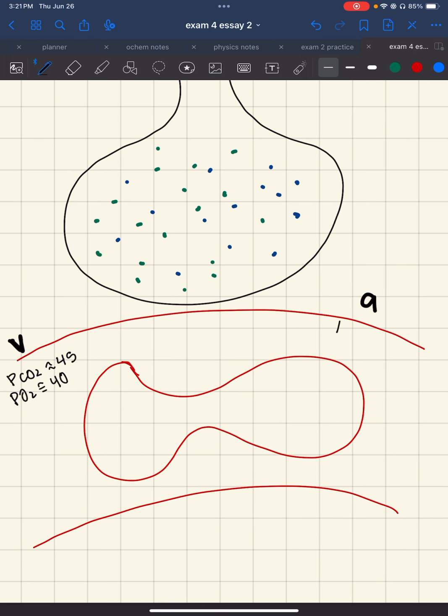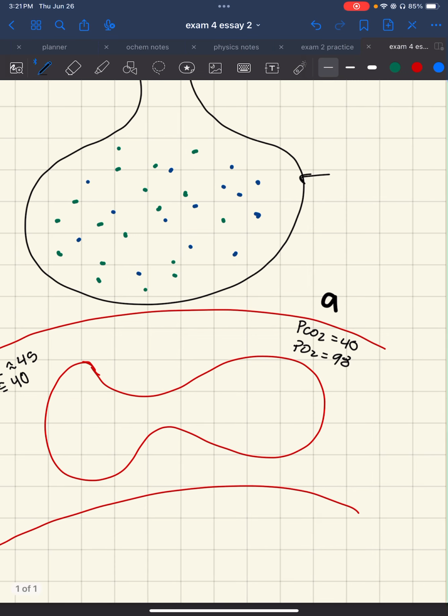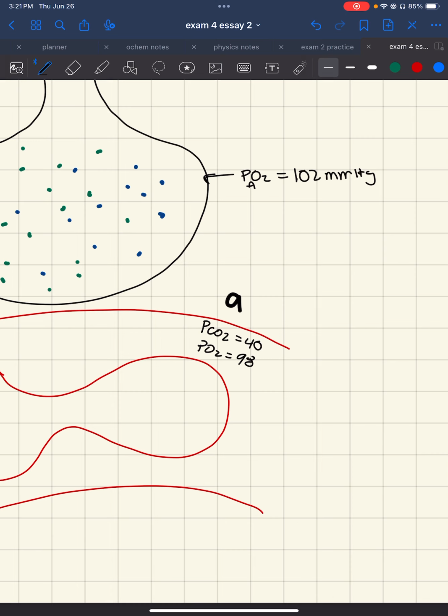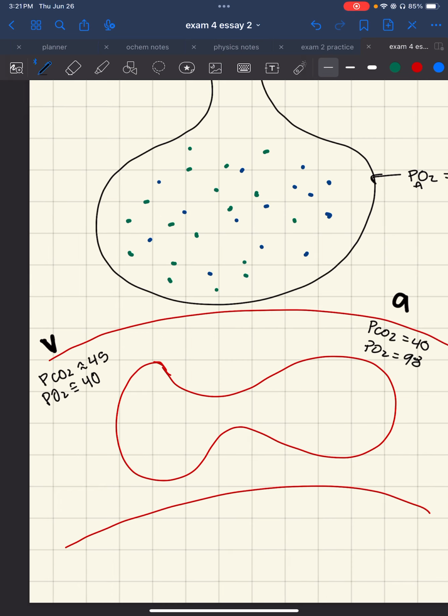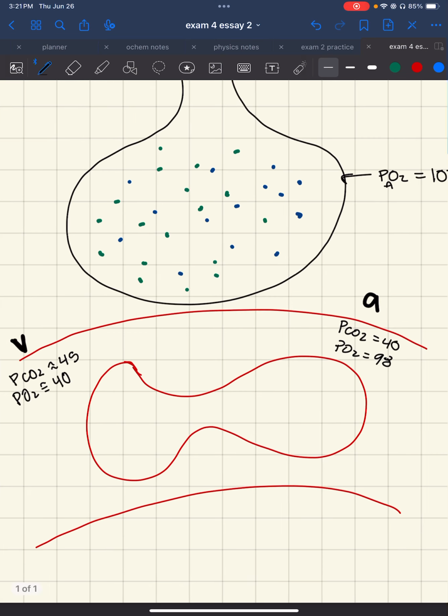On the arterial side, the PCO2 is about 40, and the PO2 is about 98. In a normal human, the PO2 is 102 in here. And in here, this PCO2 is about 45 as well.